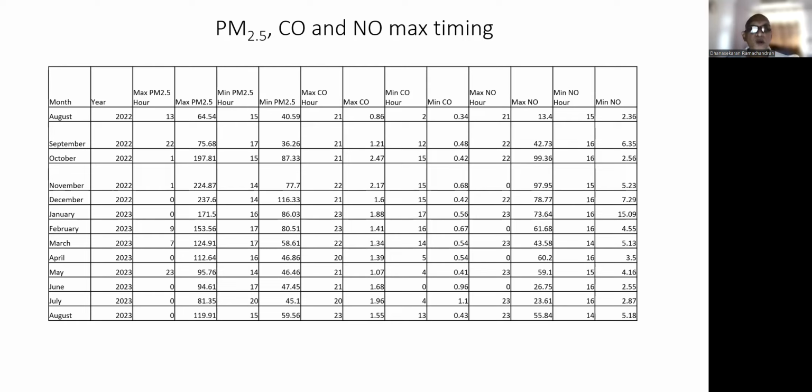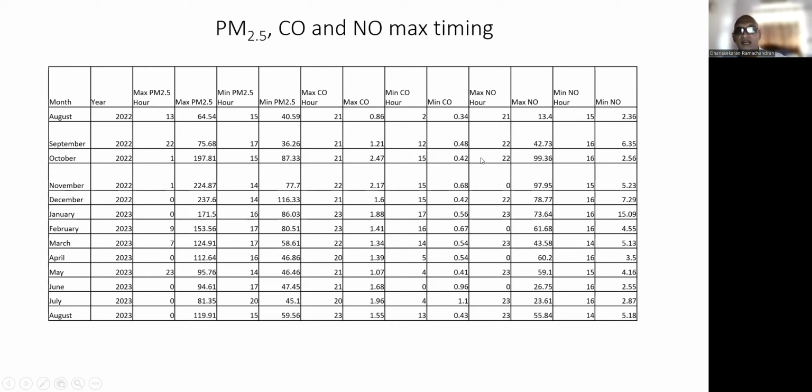This is with respect to PM 2.5, CO and NO. The same thing which I showed and explained previously for PM10, I will explain in more detail with respect to PM 2.5: maximum hours and maximum values, minimum PM 2.5 hours and minimum concentration, maximum CO levels, at what time and what is the value, and minimum CO level, at what time and what is the concentration, and the NO maximum hour, maximum value and minimum value.